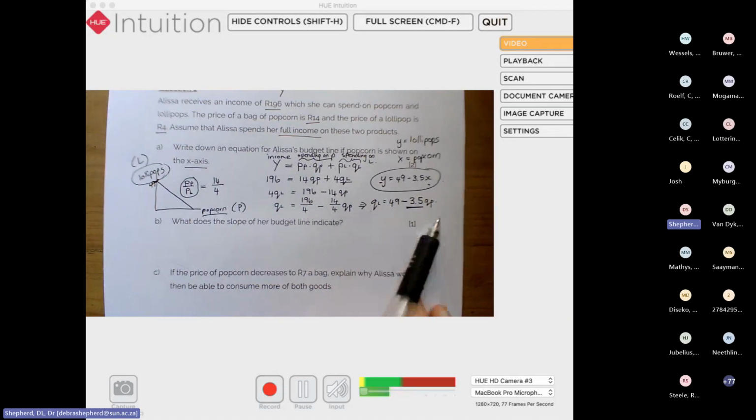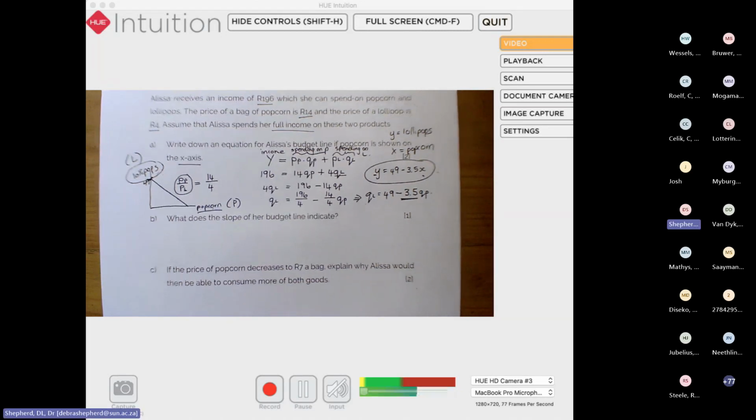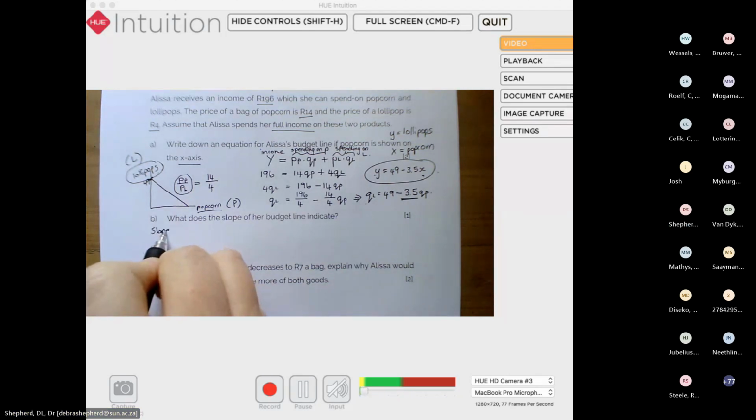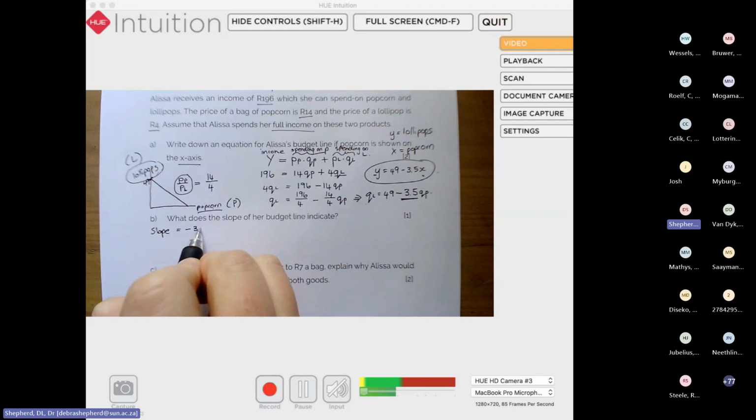So this is how we get the budget line, and it looks pretty much the same as looking at an isocost line. Okay, then question B asks, what does the slope of her budget line indicate? So the slope of this budget line is minus 3.5.